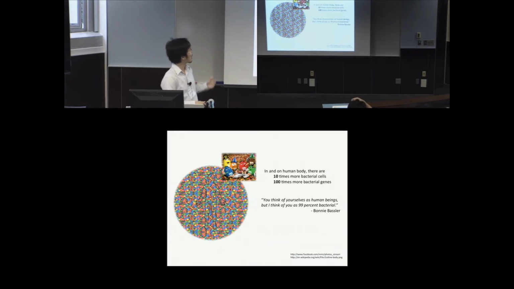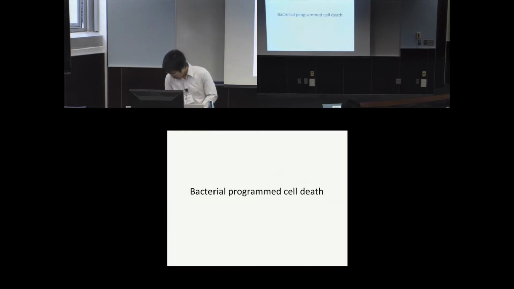So it's like bacteria having fun, engaging in different kinds of social behaviors in and on our body. Let me emphasize again, it's very important to understand what they do in our body. Today, I'm going to specifically talk about bacterial programmed cell death, which is one of the social behaviors bacteria engage in, and I studied this using E. coli cells.